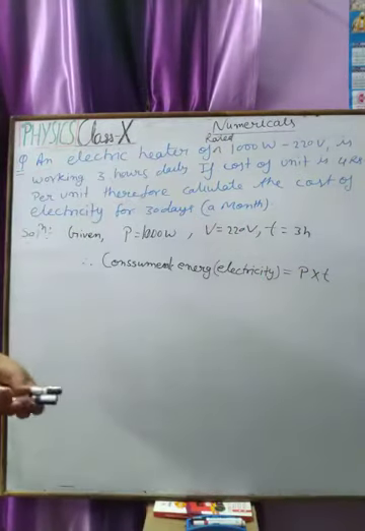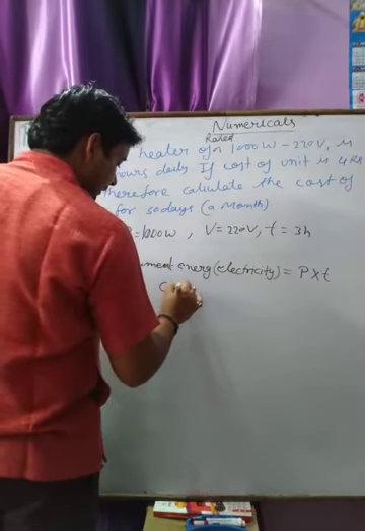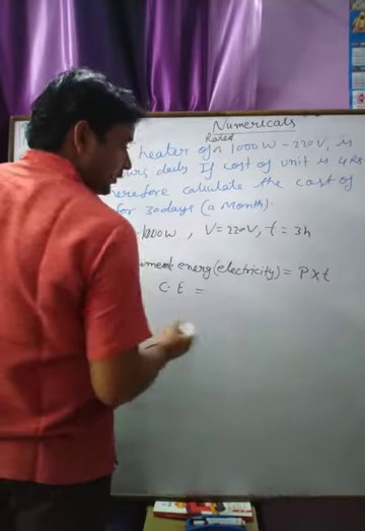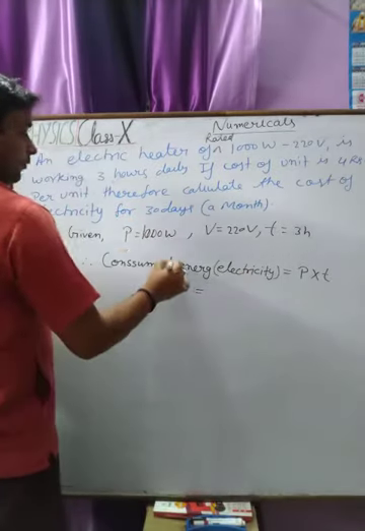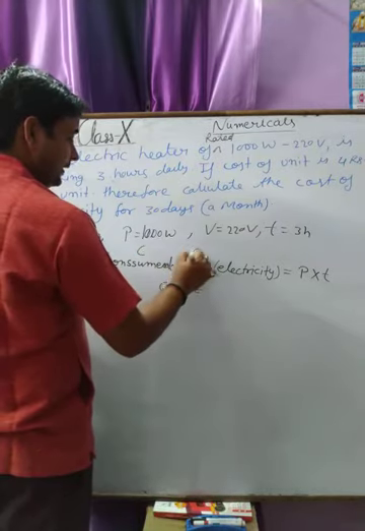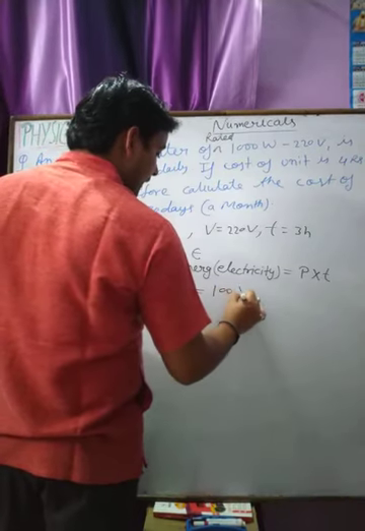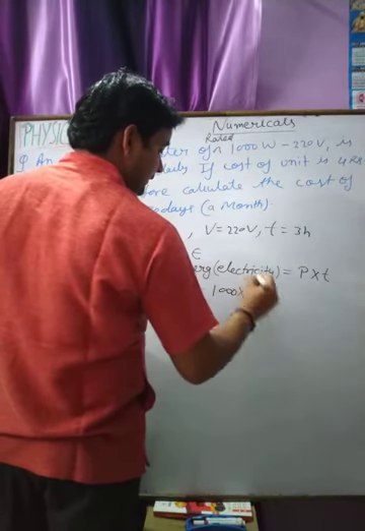This is the formula we had, the product of power and time. So consumed energy is equal to, for C we use consumed and for E energy. So CE is equal to 1000 watt into 3 hours.